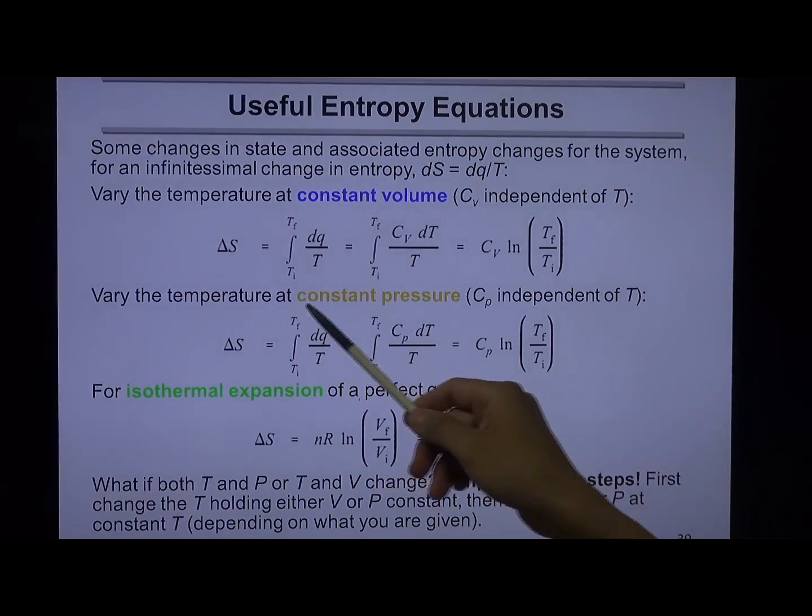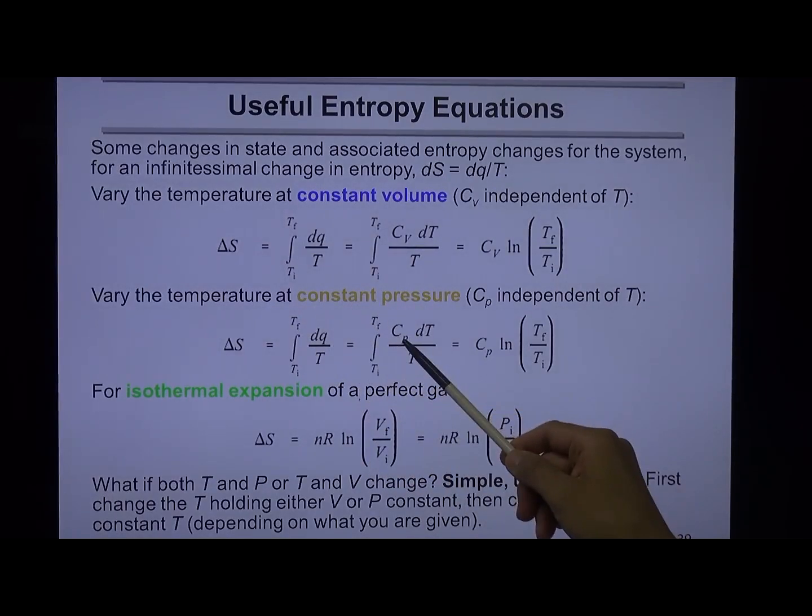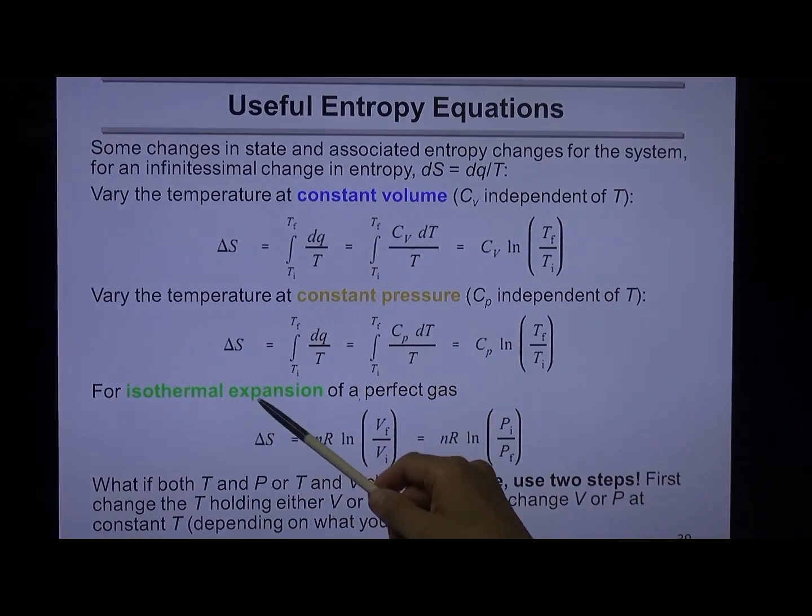If the pressure is constant, Cp dT. If it is isothermal expansion, we can use this expression to calculate entropy change. So, depending on the situation, we can easily calculate entropy change as a function of a certain physical variable.